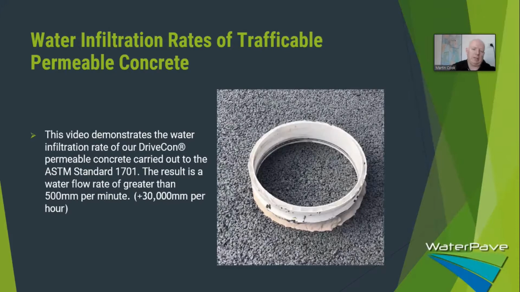Now, to test our permeable concrete and the infiltration rates, this video that we're doing here demonstrates the water infiltration rate of our dry permeable concrete carried out to the ASTM standard 1701. This results in a water flow rate of greater than 500 millimetres of water per minute, which is more than 30,000 millimetres per hour.